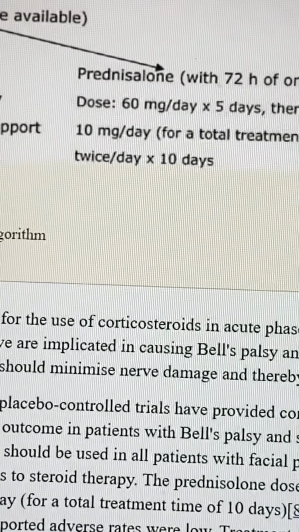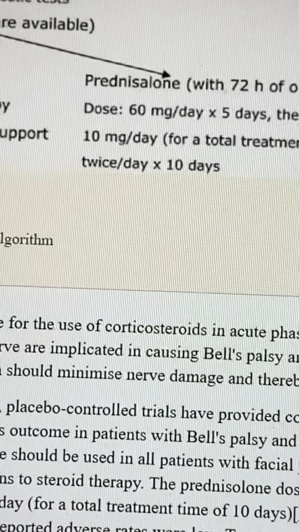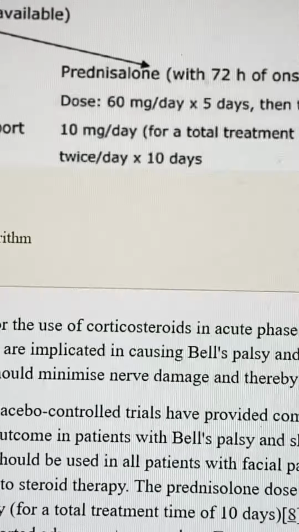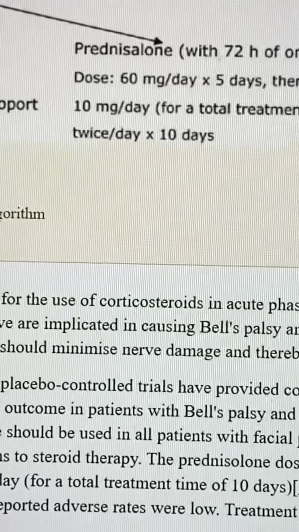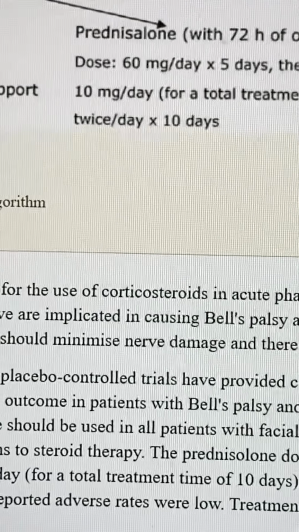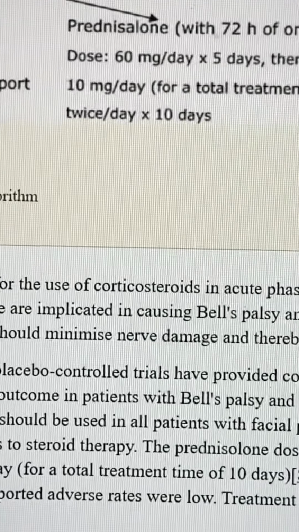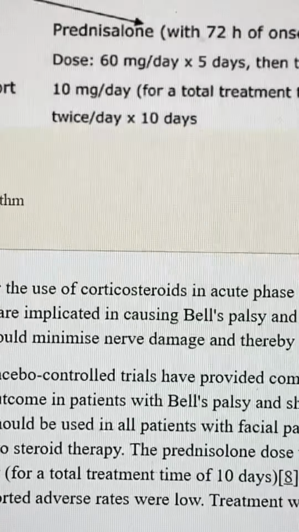Corticosteroids can be used to help them in the hospital setting. So the theory is that you can have lots of swelling on those nerves, and then maybe the corticosteroid could help that.